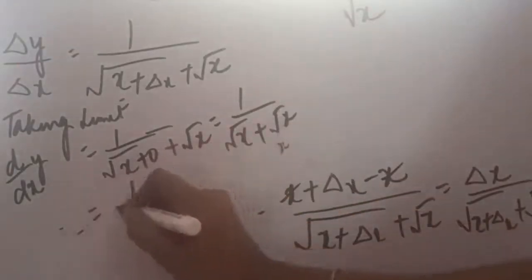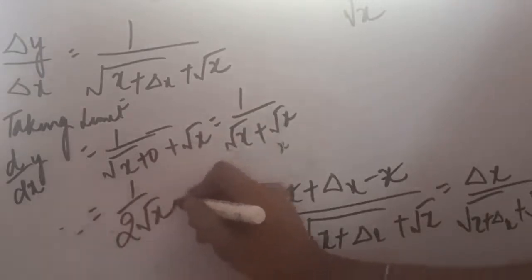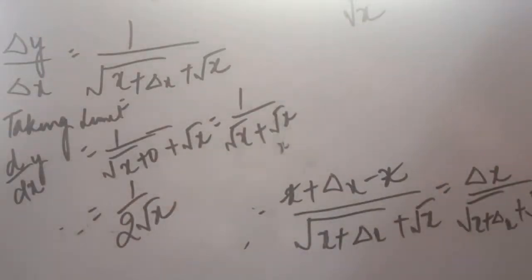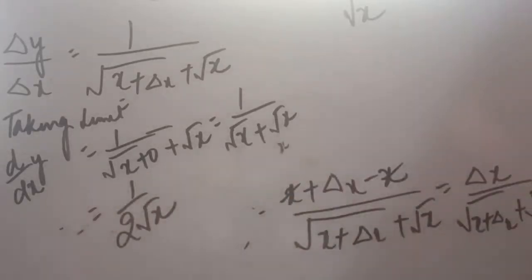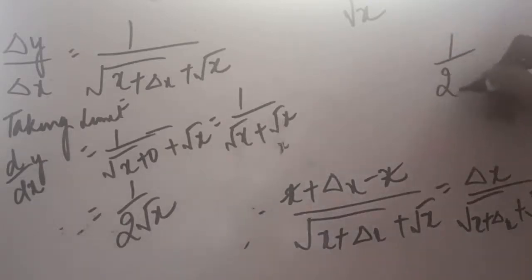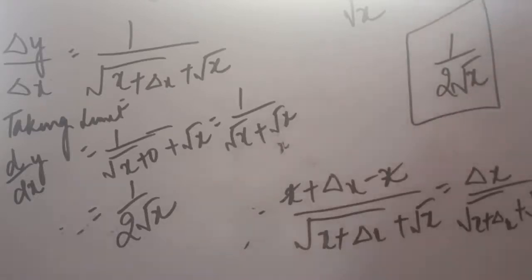So our answer will be 1 upon 2 under root x. So we have solved the first part of the question, that was under root x. If we take the differentiation of under root x, it should come out to be 1 upon 2 under root x. So we have got our first answer. I'll just copy this answer over here so that in the final equation we can put this. This is the first part answer.